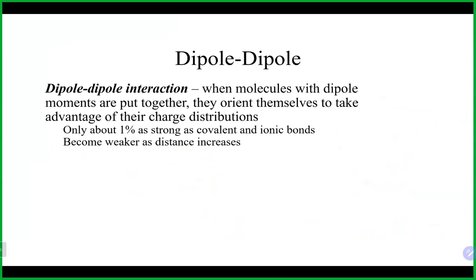So let's talk first off about, and all of these that we're going to talk about here are intermolecular forces. And again, these are the forces between molecule and molecule. The first type of interaction that occurs is what is referred to as a dipole-dipole interaction. And you might remember dipole from when we talked about bonding. There are certain molecules that have this arrow, which points to the more negative side of the molecule.